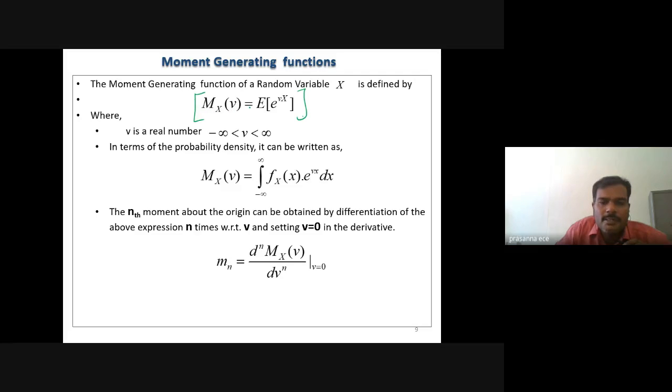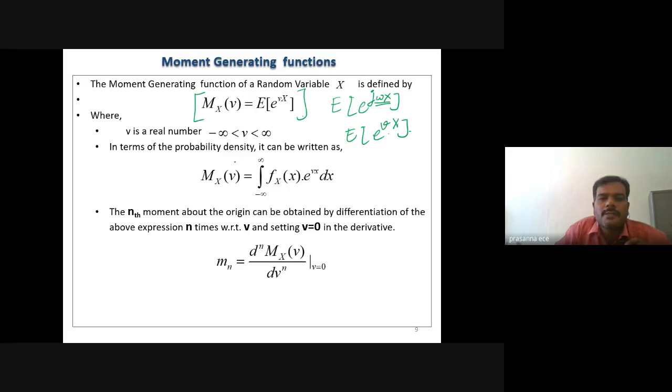It is equal to the expectation of e power vx. What is the only difference? Previously it was the expectation of e power j omega x, which was a complex number. Here it is just the expectation of e power vx. This is a real exponential, and v is a real number from minus infinity to plus infinity.